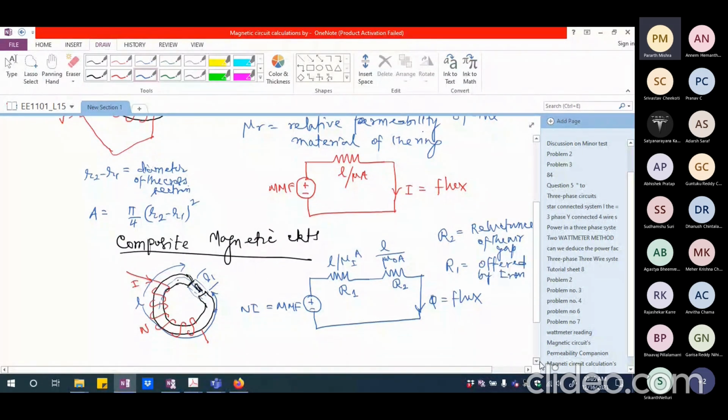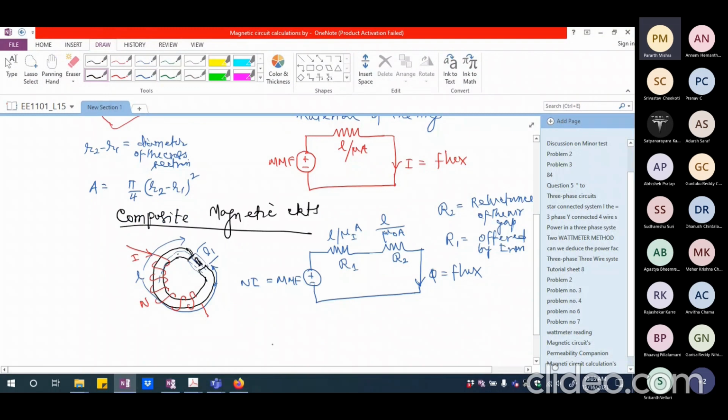So in this particular case, the flux will be equal to MMF divided by R1 plus R2. This is going to be the flux. So whenever I'm going to have a magnetic circuit with different materials, whether they are connected in series or parallel, we'll have to look at it clearly and then say how exactly we are going to write this.